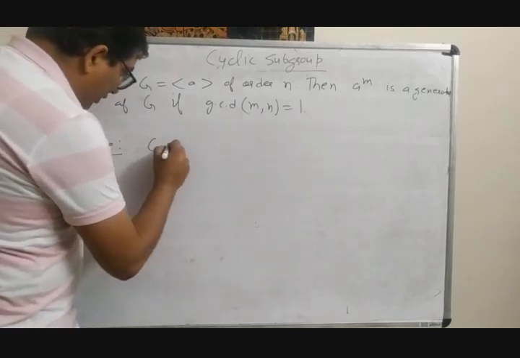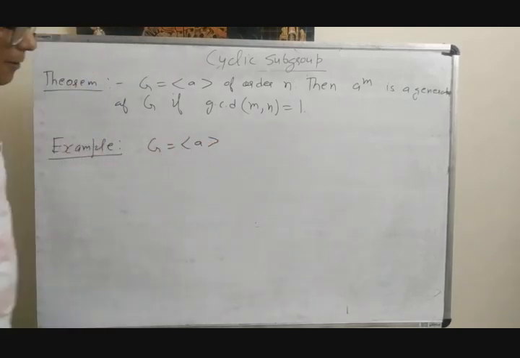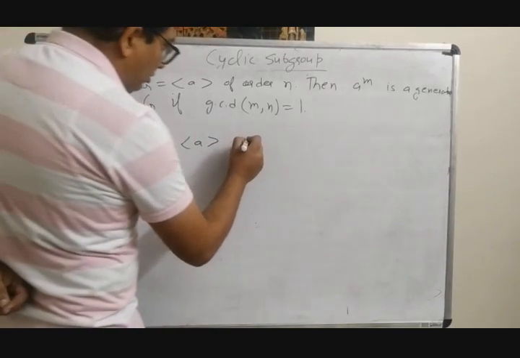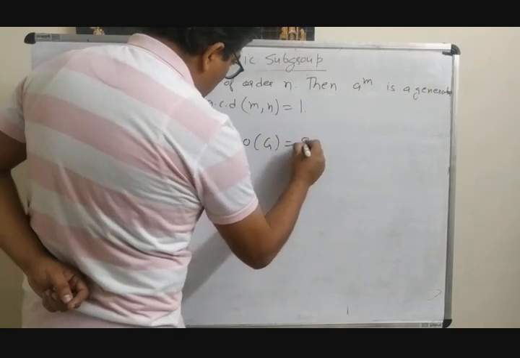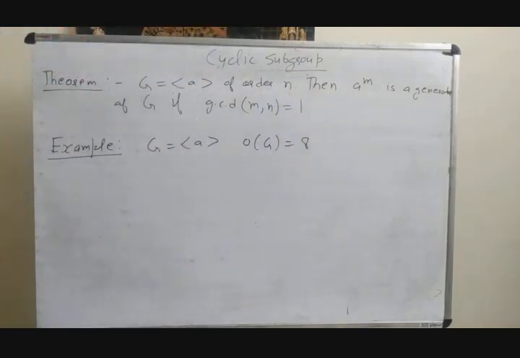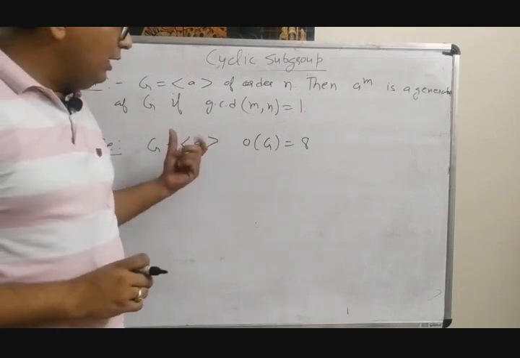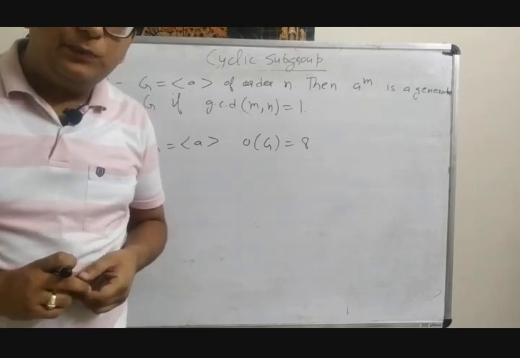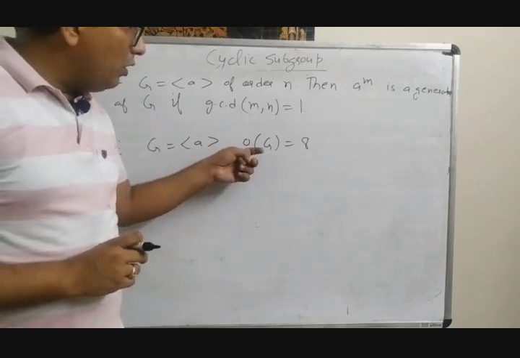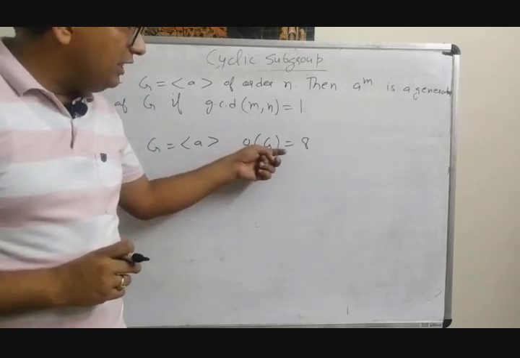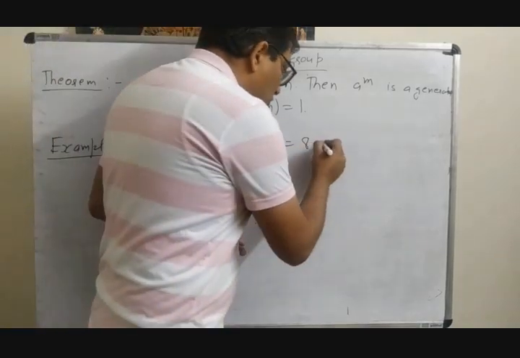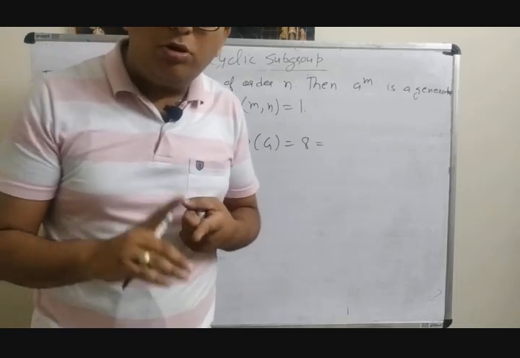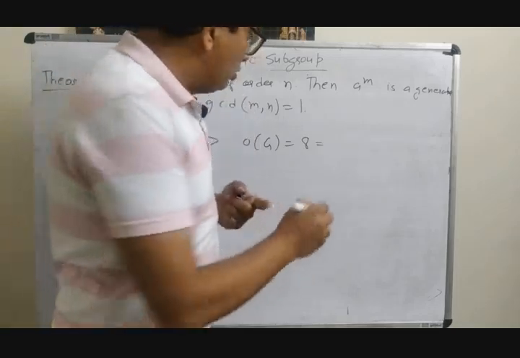Now let us take a cyclic group G which is generated by A, and the order of G is equal to 8. Now tell me, what are the generators of G? First thing, the order of this set G is equal to 8, and we also know that the order of a cyclic group is equal to the order of its generator.